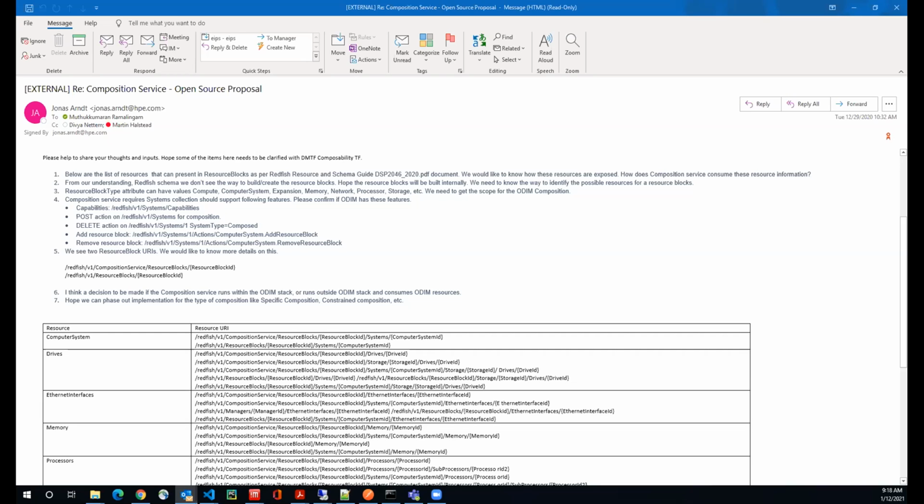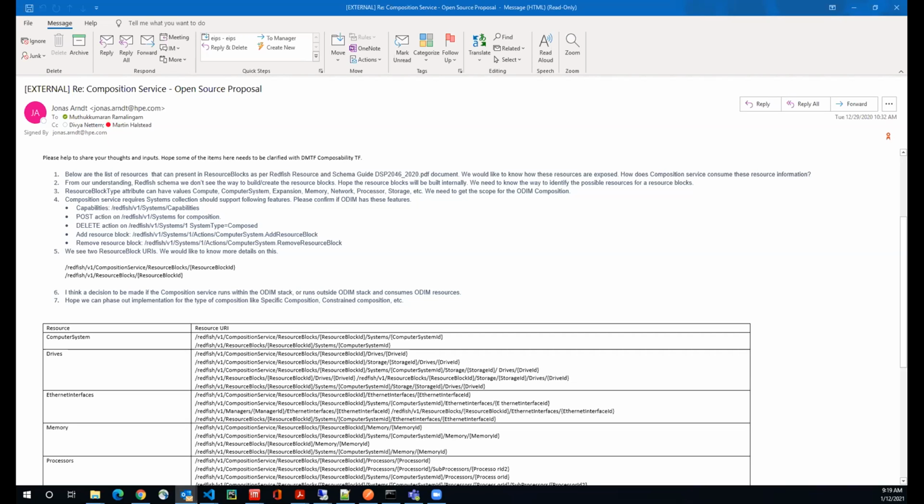How can the composition service make a POST call, because that is running as a different service internally, as part of the implementation? The system collection is exposed through a different service, the aggregator service or any other service. The composition service needs to talk to the system aggregator service to make a POST call to build the composed system.